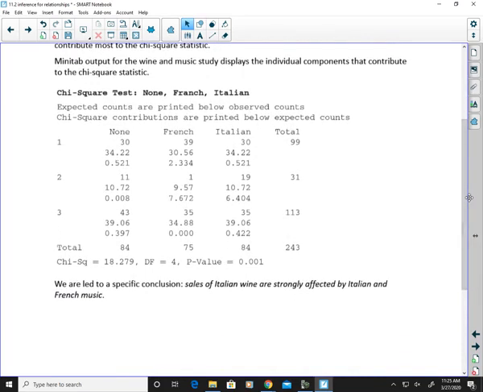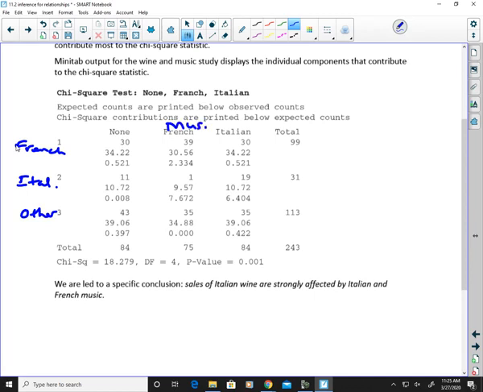The way this is set up in the Minitab output, this first one was French wine when you purchase a French wine, and then this is the Italian, and this is the other. So those are your purchases, and then this was the music that's being played, your observed, your expected, and your chi-squared contribution.